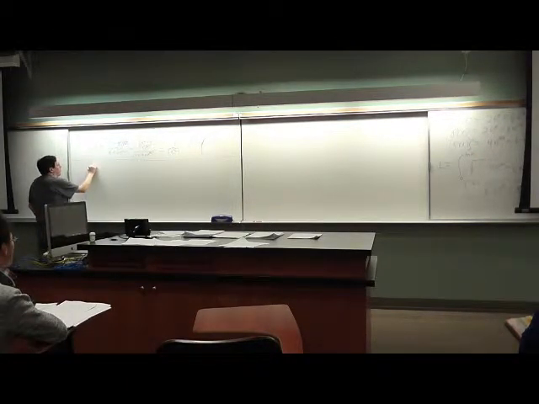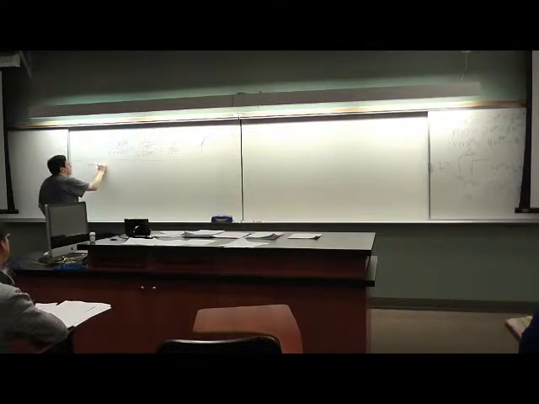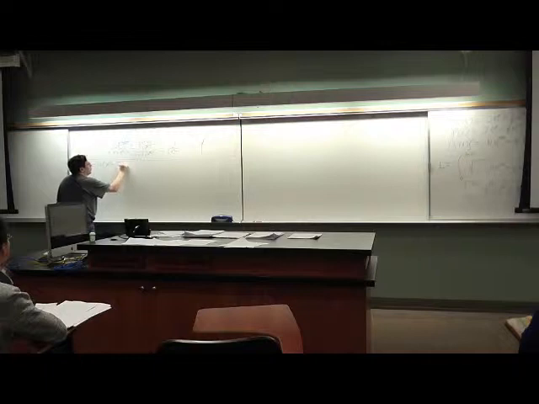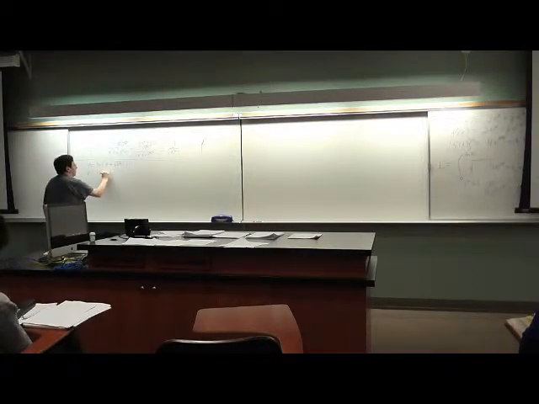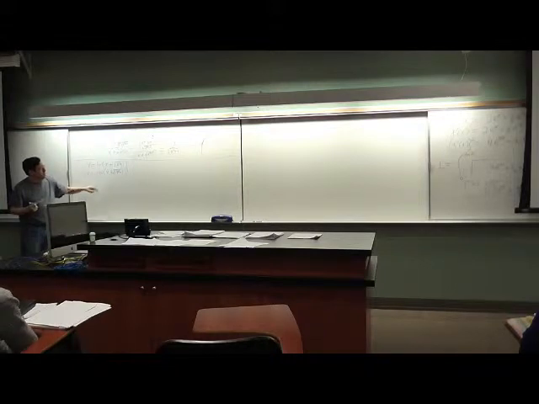So we're going to start off with y equals log of x plus square root of x squared minus 1, and we're going to switch the x and y. So x equals log of y plus square root of y squared minus 1. And we're hoping we can find this inverse.